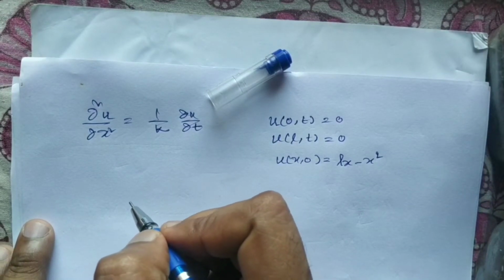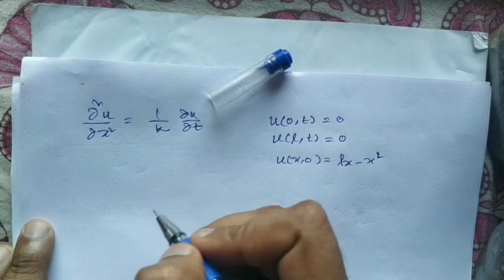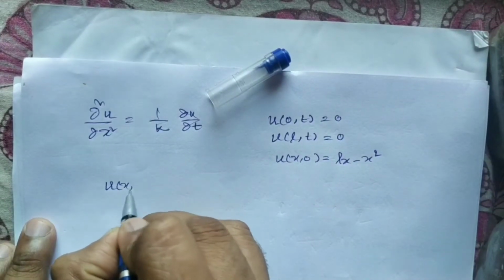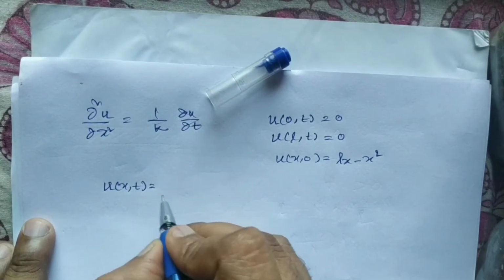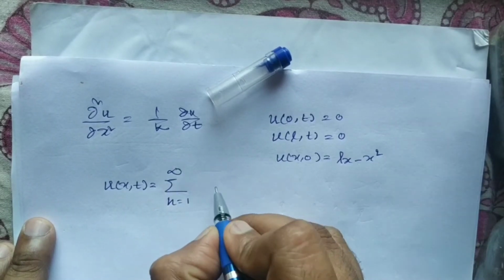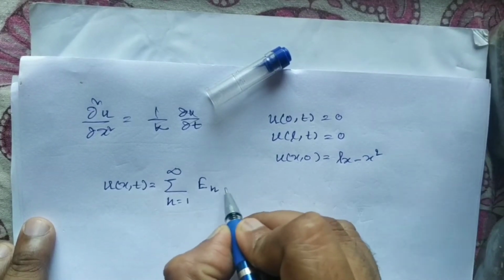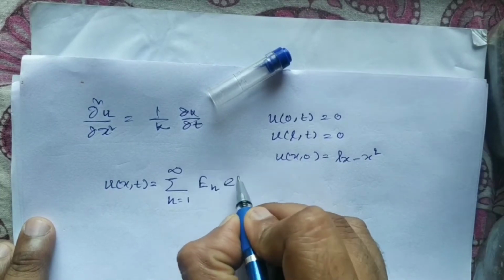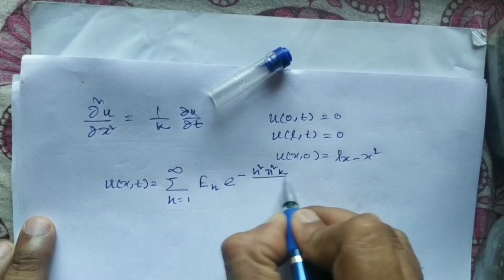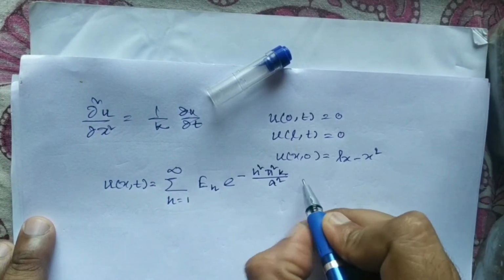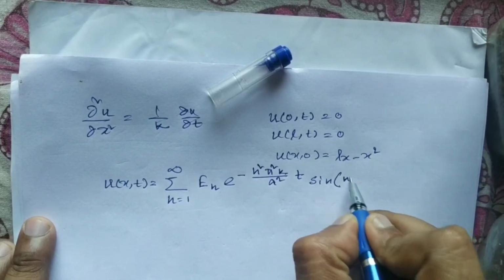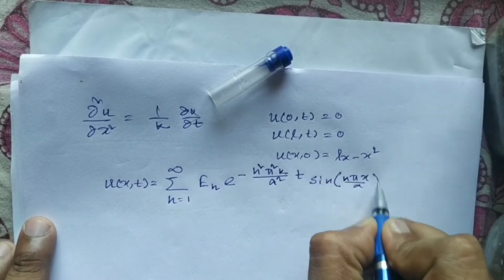Now again, we will use the already solved facts. We have seen already that the solution for this system turns out to be the summation n equal to 1 to infinity of some constant En, e to the power minus n square pi square k over a square t, sine n pi x over a.